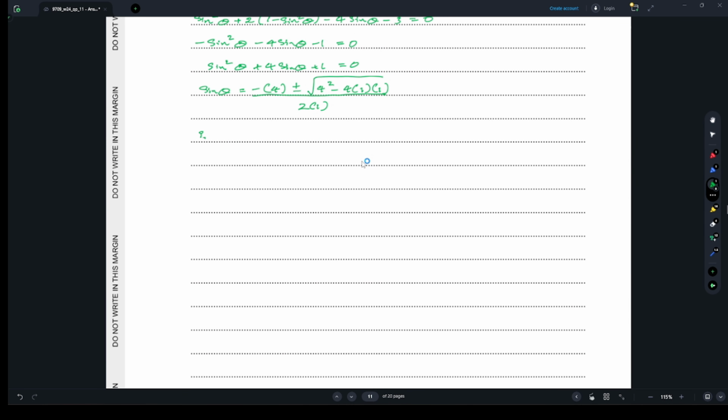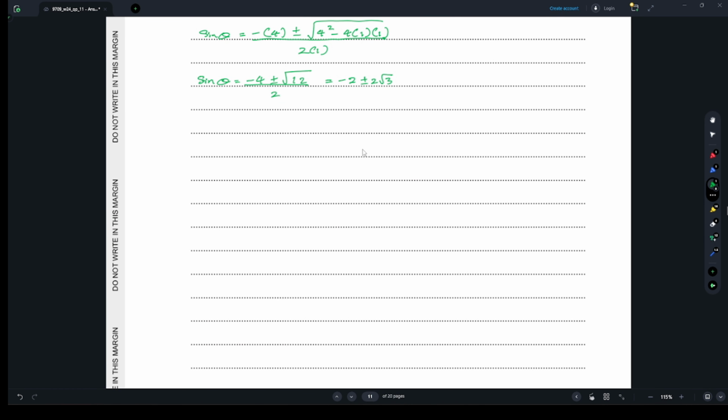So we will receive sine theta equals minus 4 plus or minus the root of 16 minus 12, over 2. And also I can simplify a little bit. 12 I can write as 4 times 3, so the root of 4 is 2, right? So I can write here minus 4 divided by 2 is minus 2, plus or minus 2 root 3.